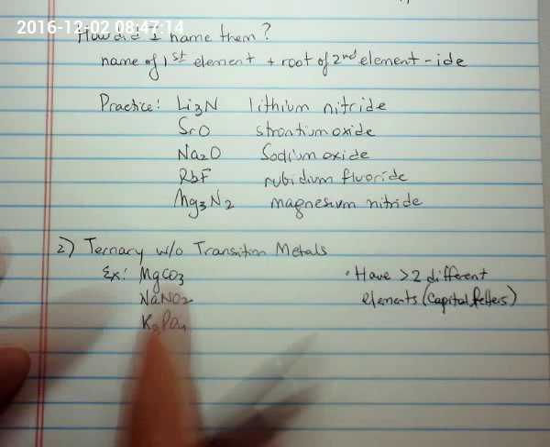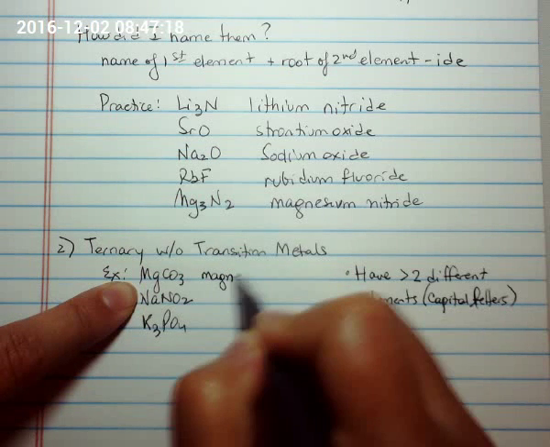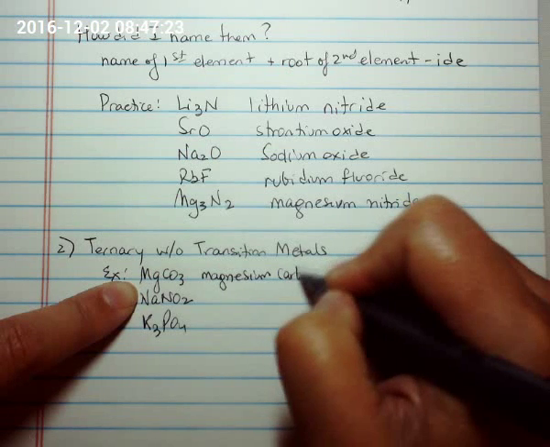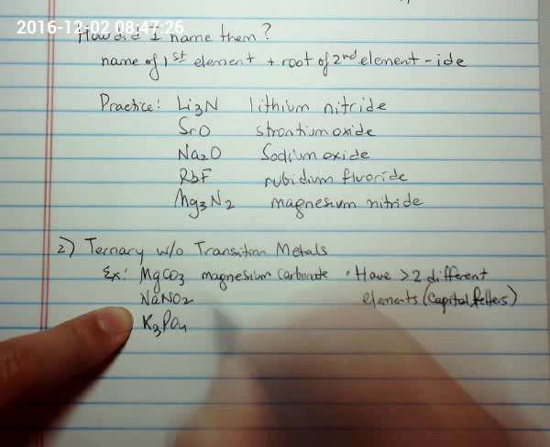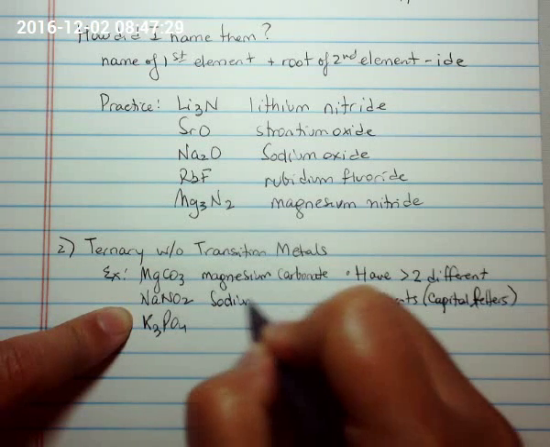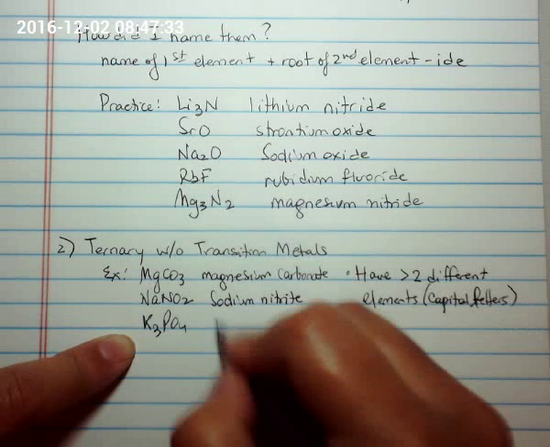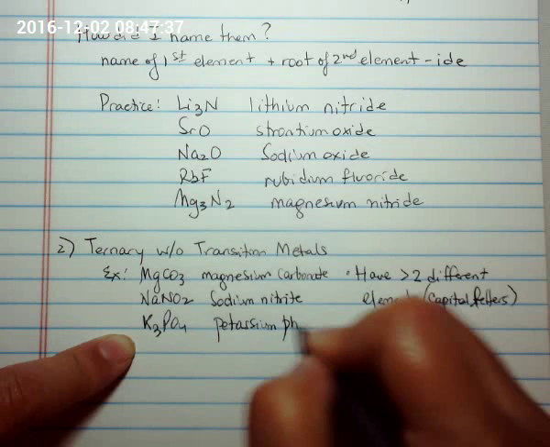All right, let me give you the name of this first one and see if you can figure out how I came up with it. So this first one's called magnesium carbonate. And then the next one is called sodium nitrite. And then the next one is called potassium phosphate.